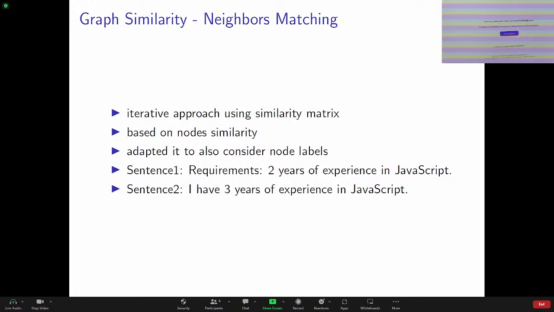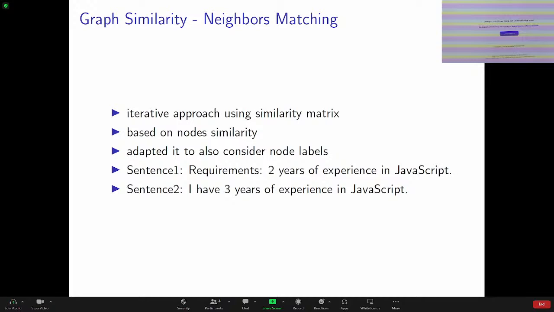So the node E is an instance of experience, the node L is an instance of the node language, and so on. So we arrived at this representation, and from there we performed a graph similarity algorithm, for which we went for a pretty basic approach. For more details, I won't bother you because we went through a lot of other approaches, but we went for a simple one just to see that it works and how it performs.